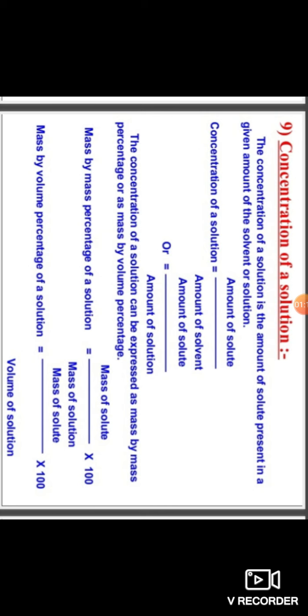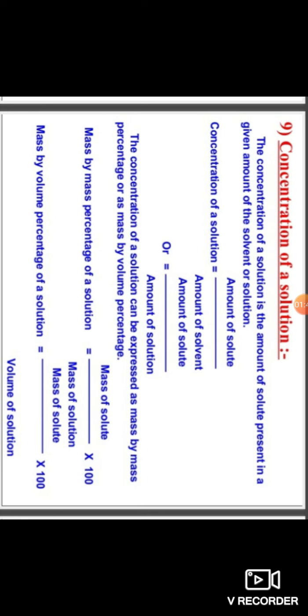So today we shall discuss the concentration of a solution. Solutions have a relative proportion of solute and solvent. Depending upon the amount of solute present in the solution, it can be called a dilute, concentrated or saturated solution.